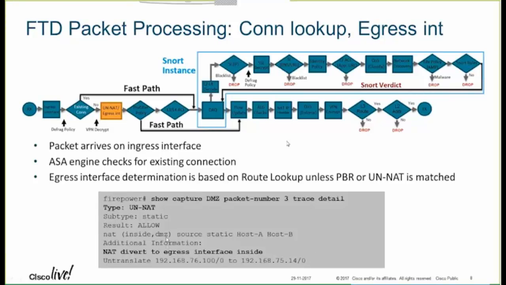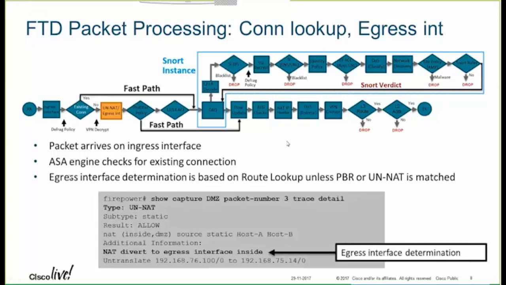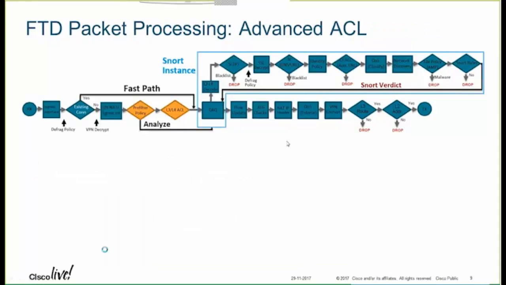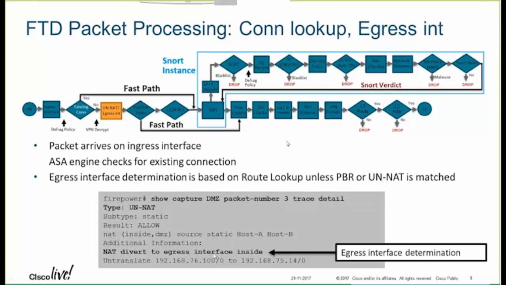So the traffic is first untranslated, and another point to remember here is that in case of NAT, we already determine the egress interface. As you can see from the statement here, the NAT divert has already determined which interface it needs to send the traffic out.